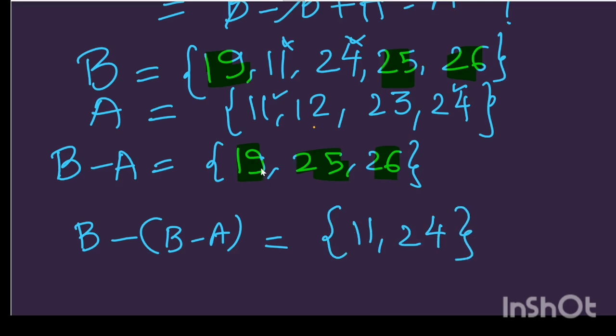If we exclude 19, 25, 26 from B, we would be left with 11 and 24.